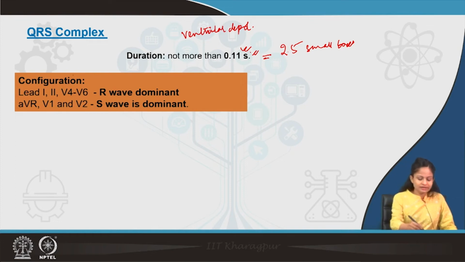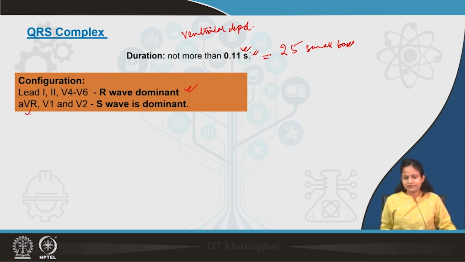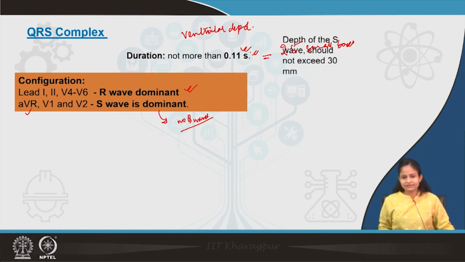Just to recap, in lead 1, lead 2, V4 to V6, the R wave is dominant; in AVR the S wave is dominant, as well as in V1 and V2, where we get a dominant S wave. We do not see any Q waves in AVR or V1 and V2. The S wave depth should not exceed 30 millimeters.